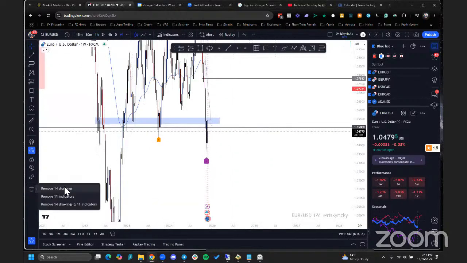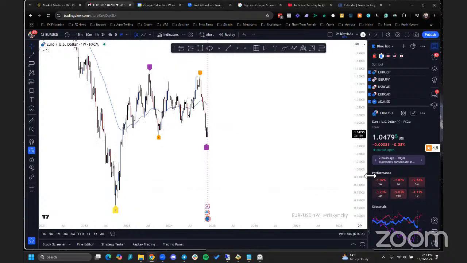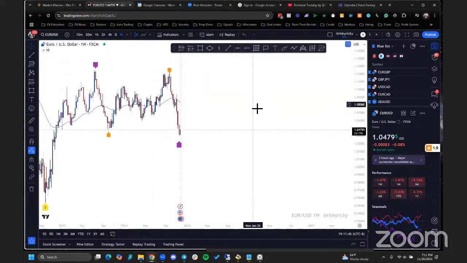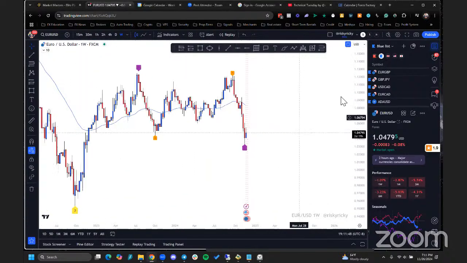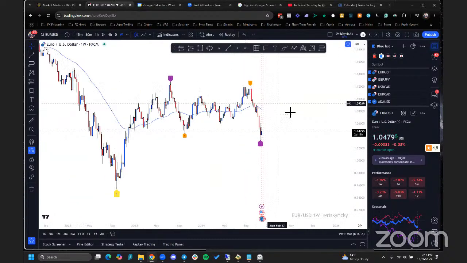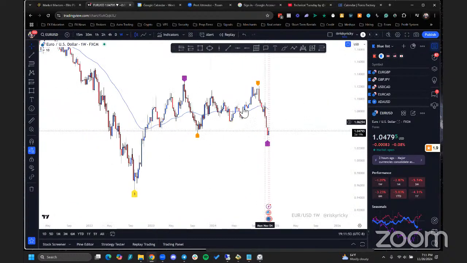I'm going to erase everything just so you can have an idea of what I'm looking for. Going to the weekly time frame here, I'm definitely seeing a strong bearish push.